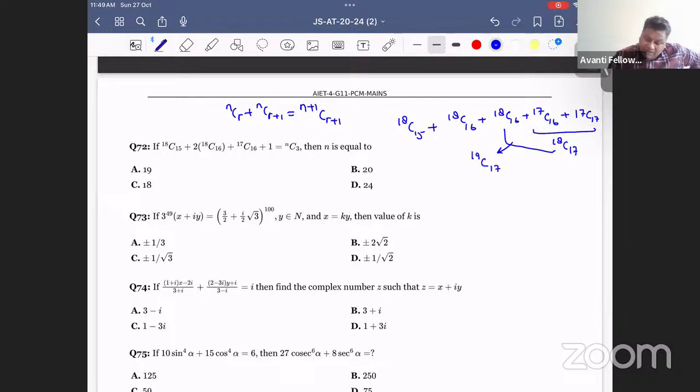19C17. Now 18C15 + 18C16 will be what? 19C16. Finally, 19C16 + 19C17 will be what? 20C17. And that will be 20C3.